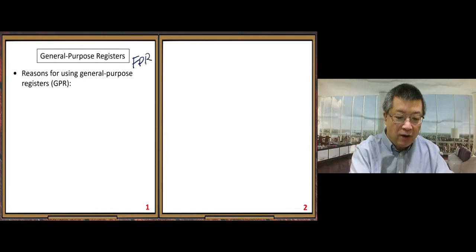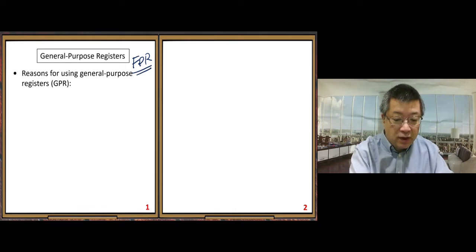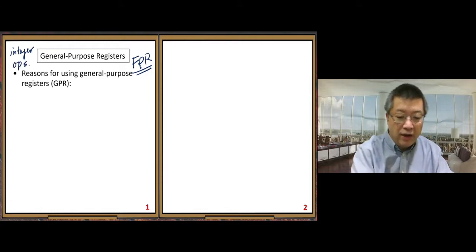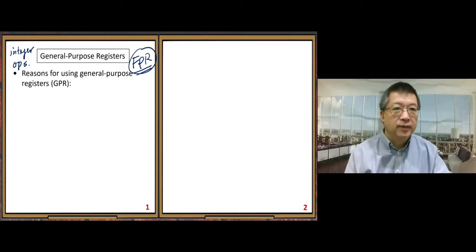For integer operations, we use general purpose registers to do the integer operations. Then for floating point operations, we use FPRs.